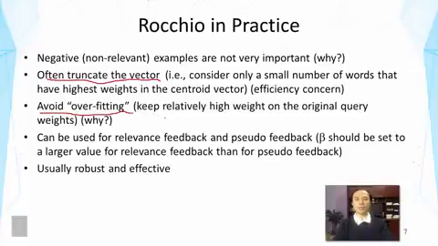Another thing is to avoid overfitting. That means we have to keep relatively high weight on the original query terms. Why? Because the sample that we see in feedback is a relatively small sample. We don't want to overly trust the small sample. And the original query terms are still very important.